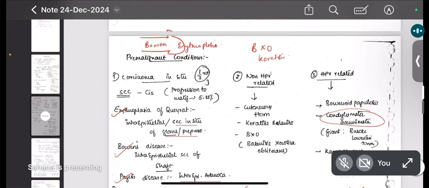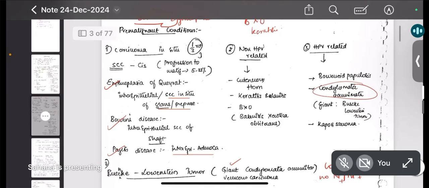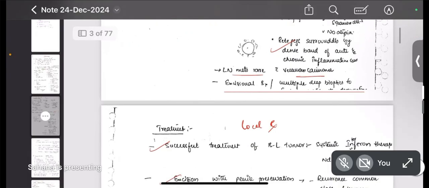If it is adeno, Paget's. Then going ahead with non-HPV related, that is cutaneous horn, keratotic balanitis, and BXO. HPV related are all giant lesions associated with low risk types like 6 and 11, that is condylomata acuminata, bowenoid papulosis, and Kaposi sarcoma.